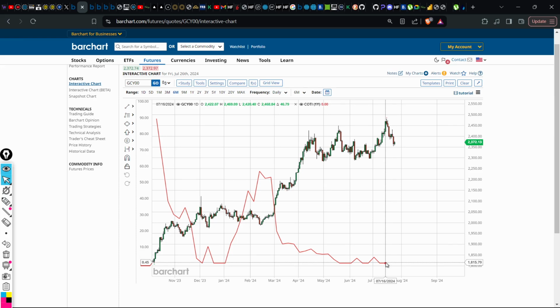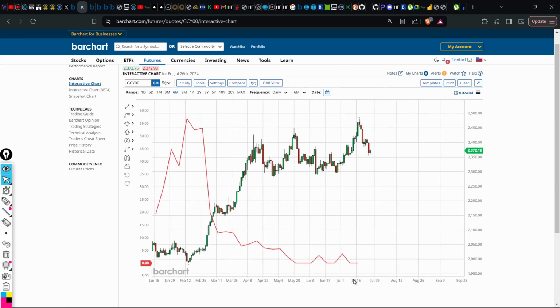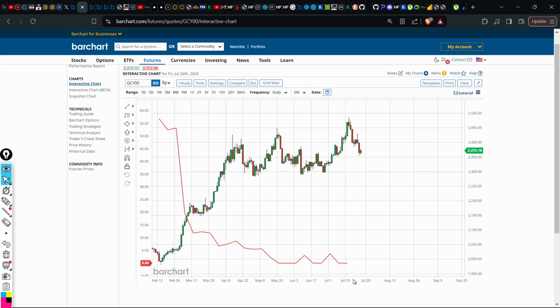And now going a bit lower, to look at it on a weekly basis, because like you have seen in the definition, these positions are only as of Tuesday of every week.